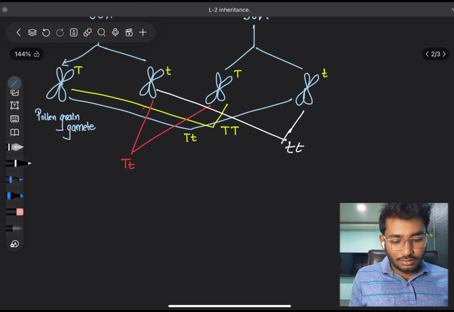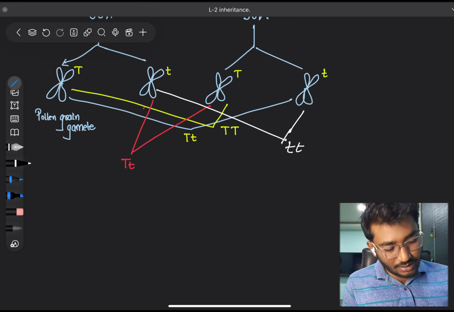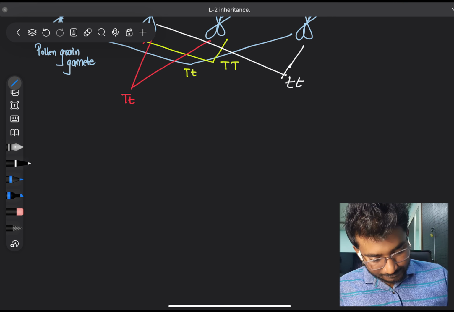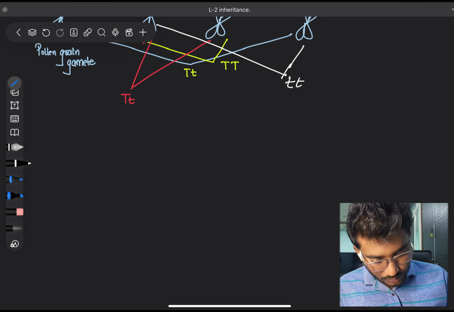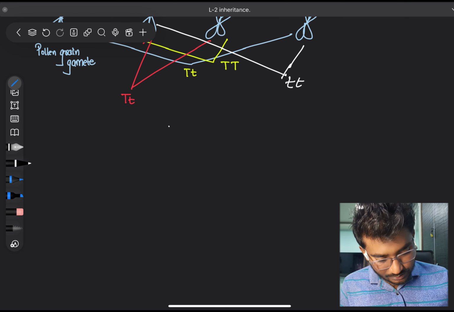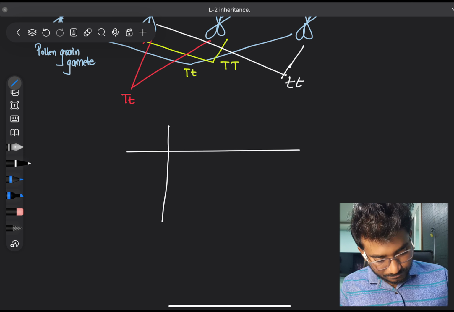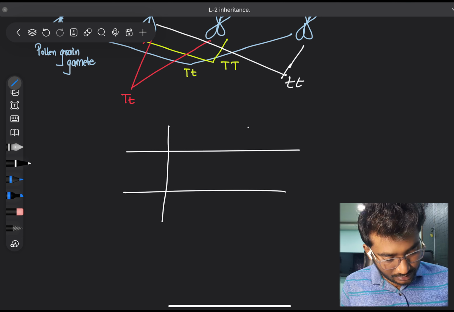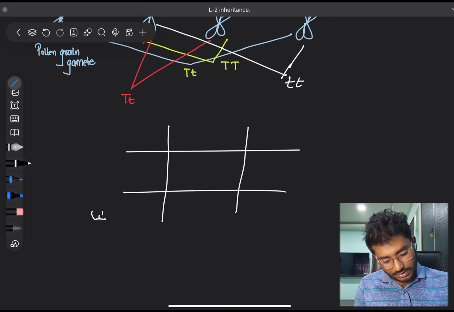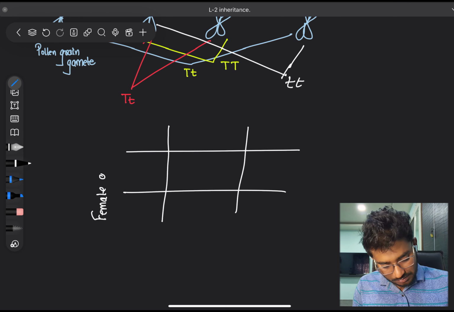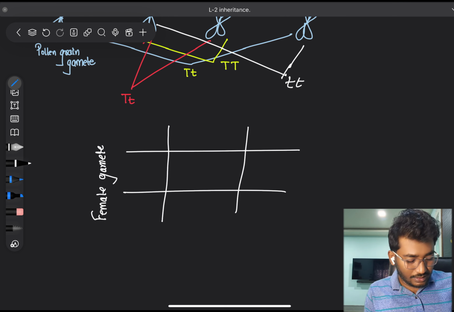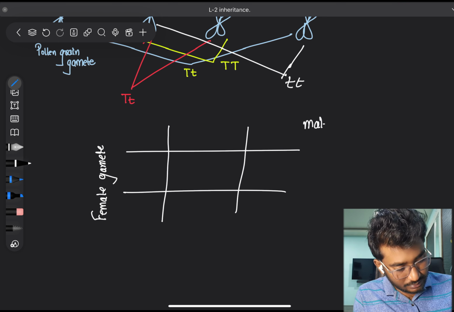Okay, so what happens here if we do the chart? Now here we are doing a chart. If we draw a chart, it is called a Punnett square. Here is the female gamete, and here is the male gamete.